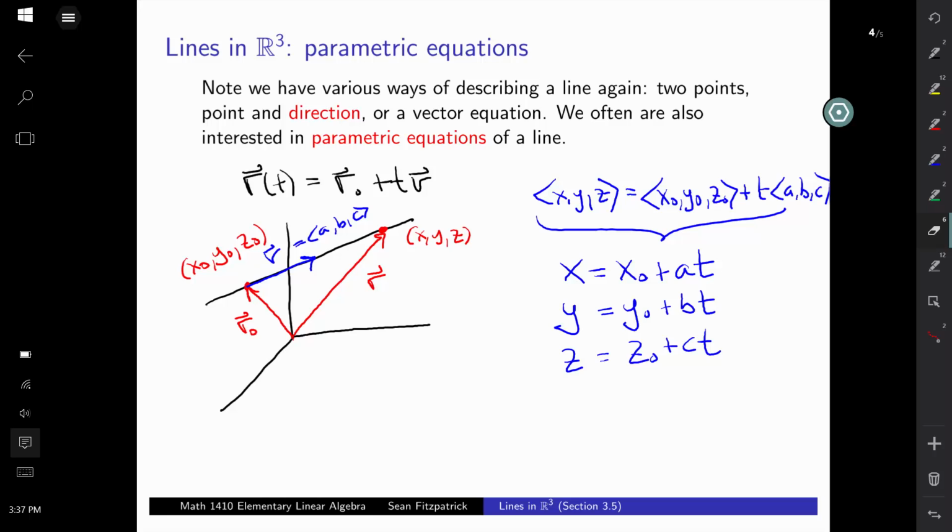So we don't really solve for one of the variables in terms of the other here the way we would in the plane. We treat x, y, z all as independent variables that each depend on this one variable t.